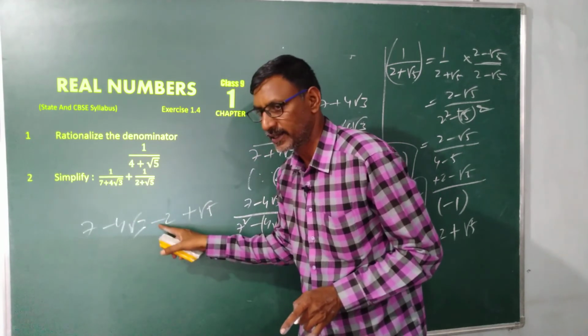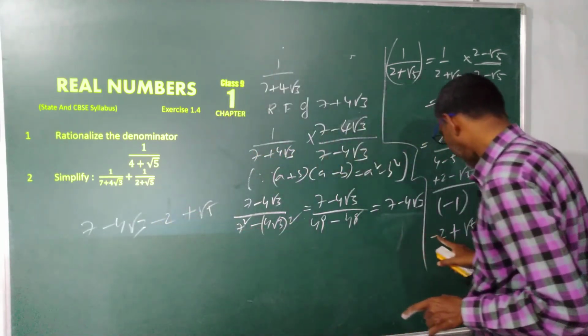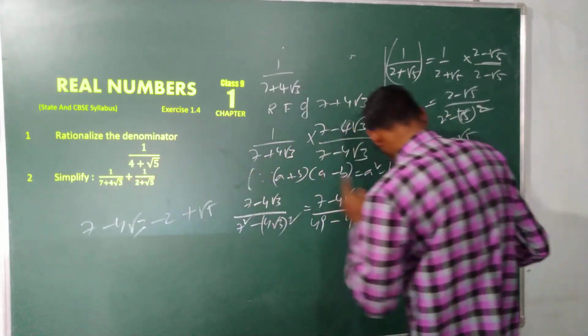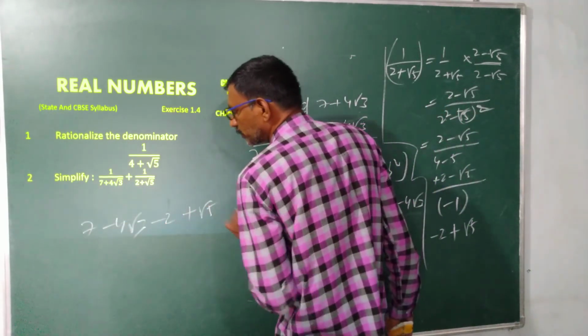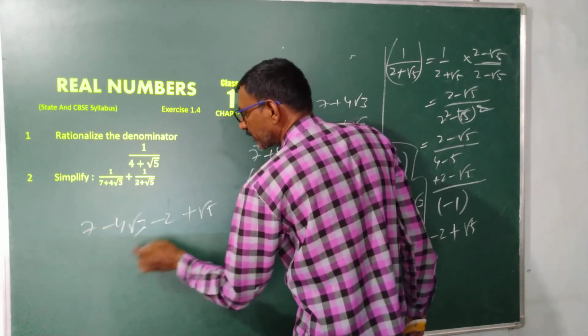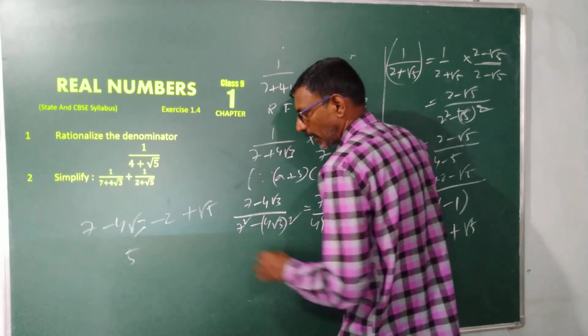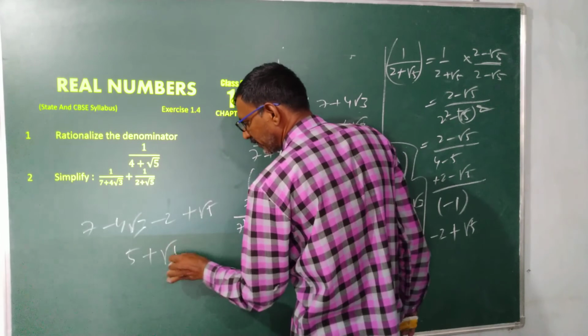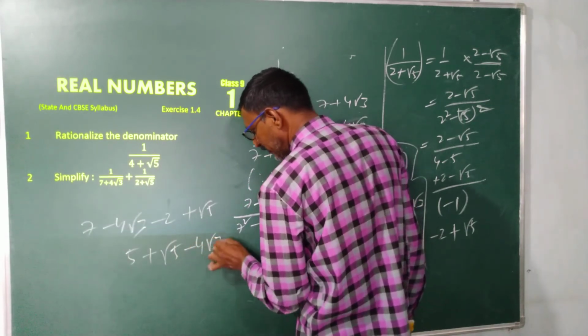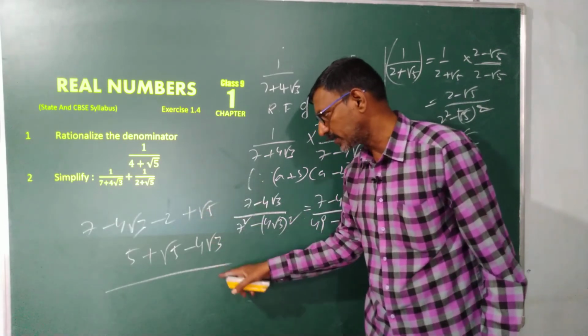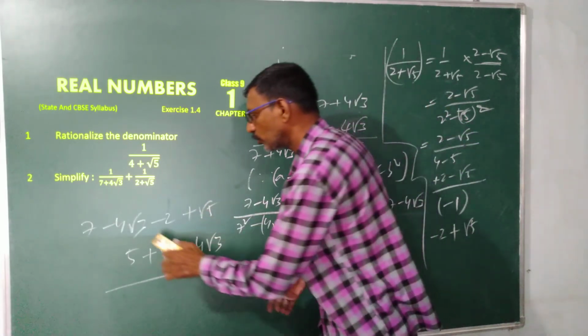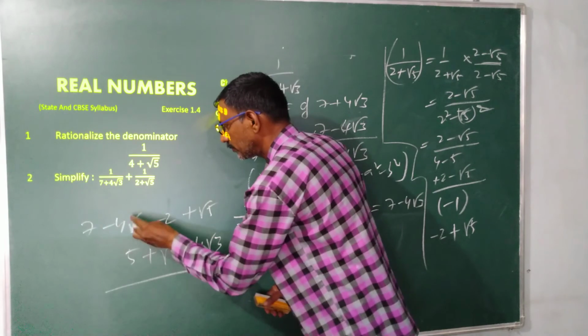I take in minus here. Why? This is the minus and this is the plus. Plus into minus gives minus. Now 7 minus 2, 5. After that we should write root 5 and minus 4 root 3. This is just a rearrangement. That's all. By simplifying this one, we get this one only. This is root 3, keep in mind.